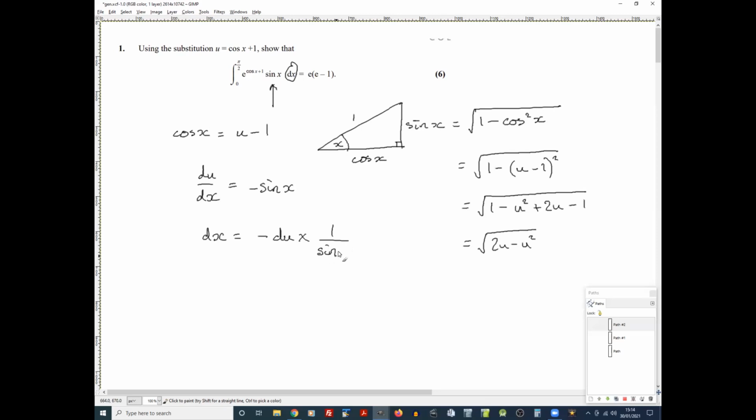I would rather keep that so I can put it on the end. In fact, I would rather have done it like this, look. So we can replace du dx with all of that.